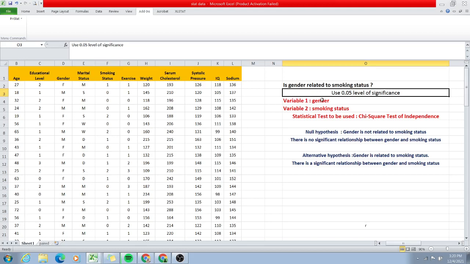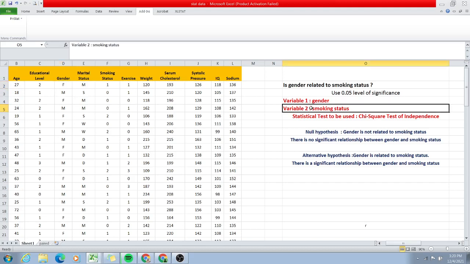Variable 1 is gender, and gender is a qualitative or categorical variable which is measured at the nominal level. In our data there are two categories, male and female, or male participants and female participants. The second variable is the smoking status.